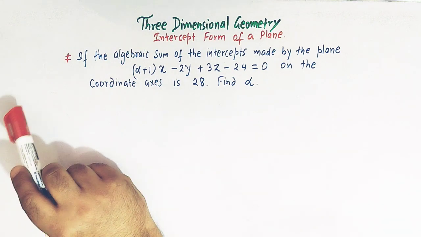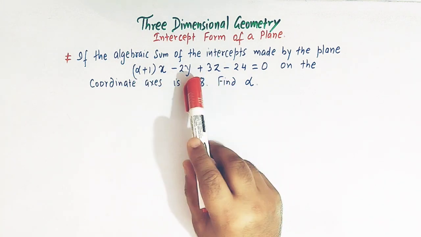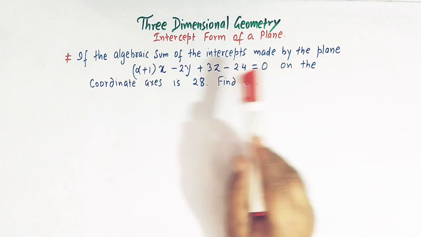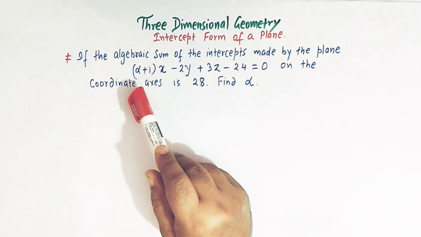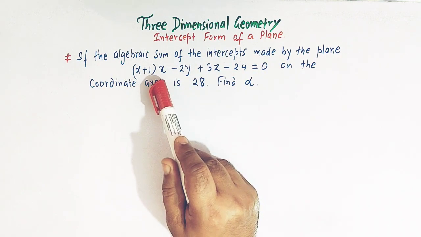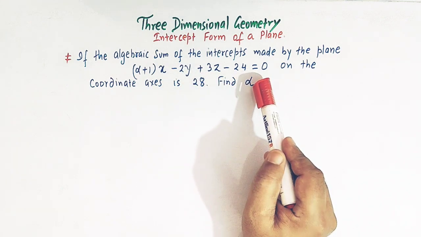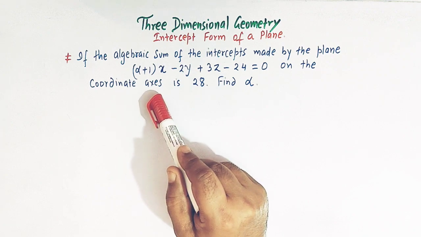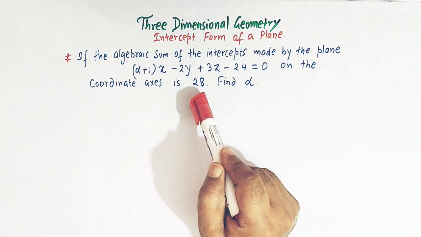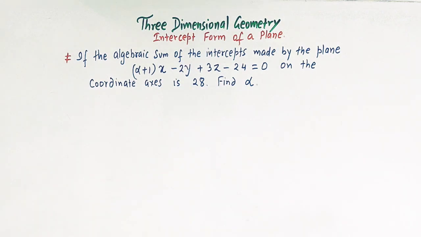So the problem goes like this: if the algebraic sum of the intercepts made by the plane whose equation is (alpha plus 1)x minus 2y plus 3z minus 24 is equal to 0 on the coordinate axes is 28, find alpha.